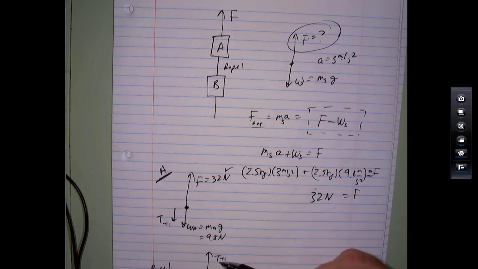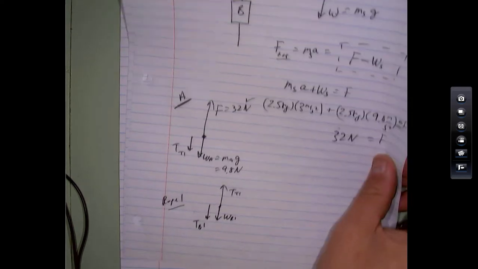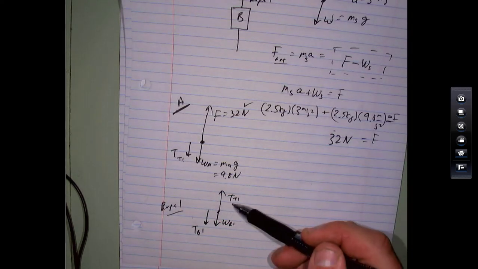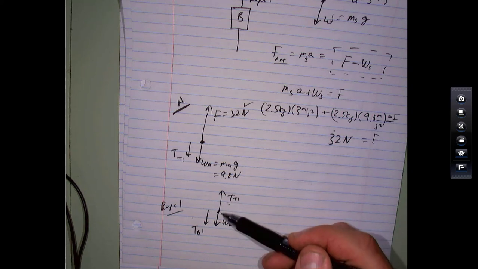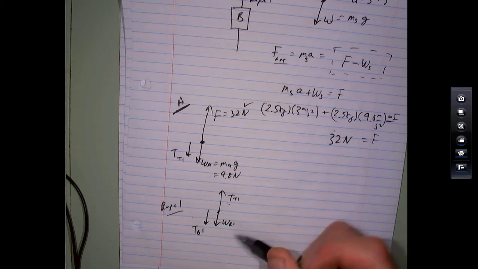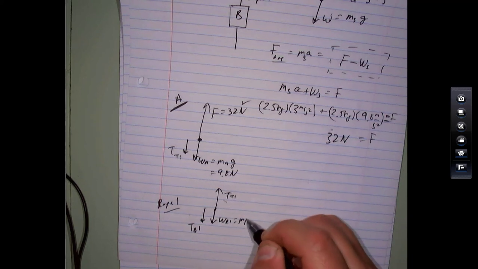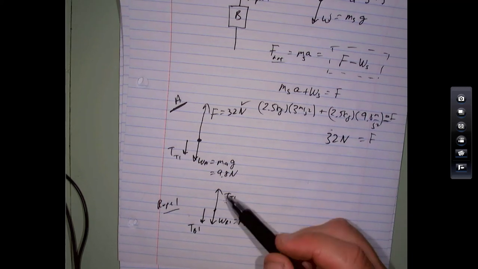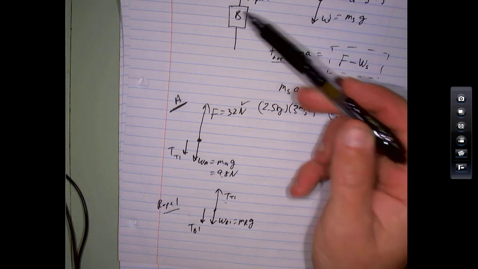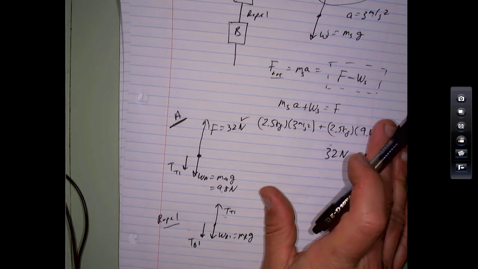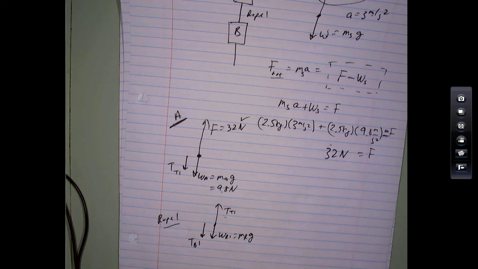Tension at the top of 1 is what actually pulls it up. The weight of rope 1 is equal to the mass of the rope times g. But then it's also got a different tension at the bottom. It has to have a different tension at the bottom because there is a net force.